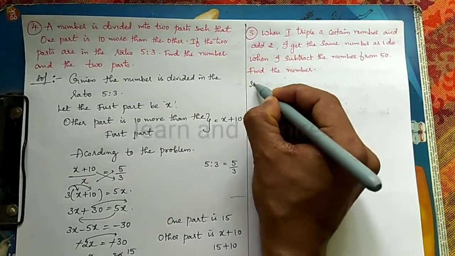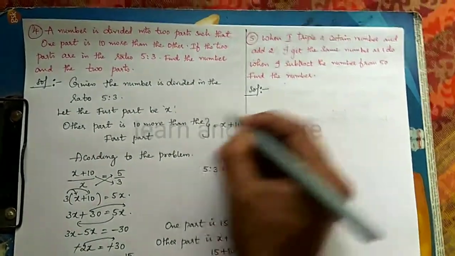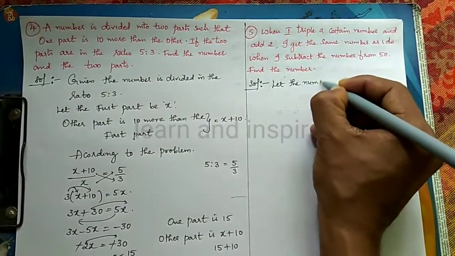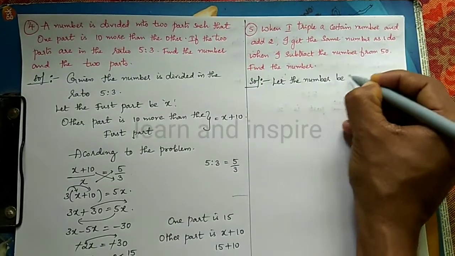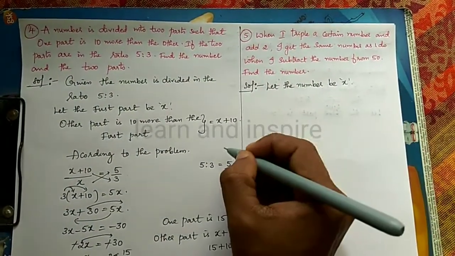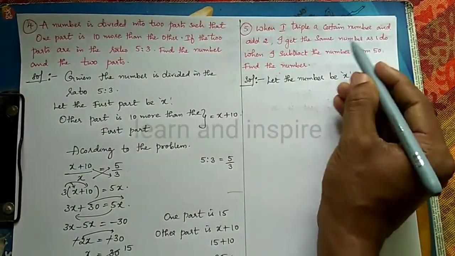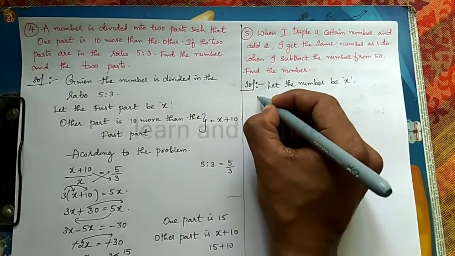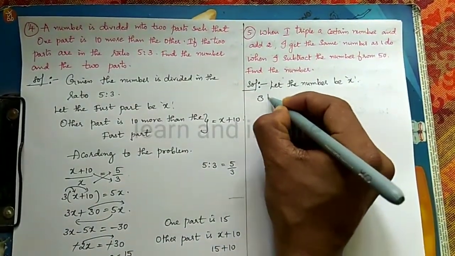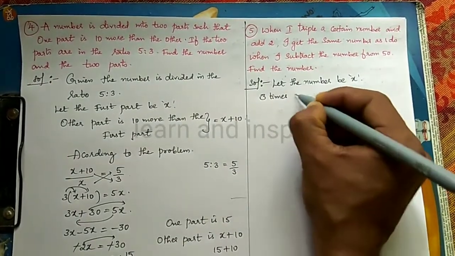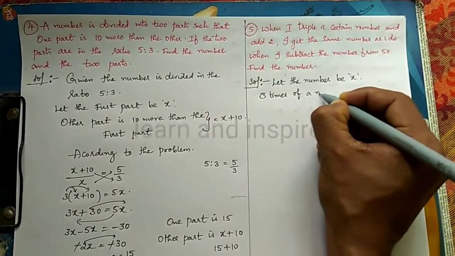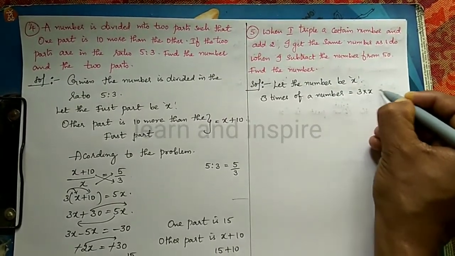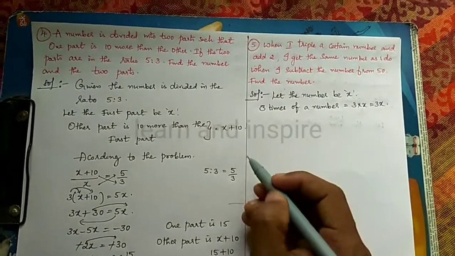So first we write according to the question: let the number be x. Triple is nothing but 3 times, so 3 times a number is 3 into x, which is 3x.